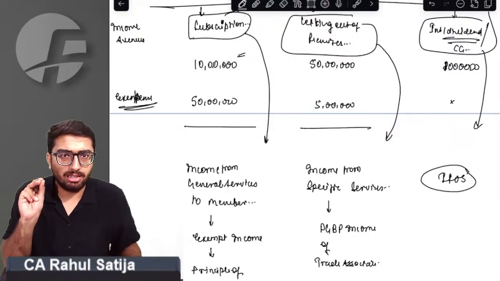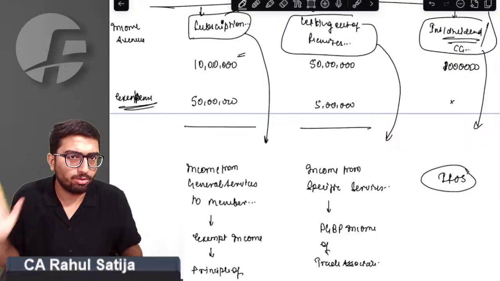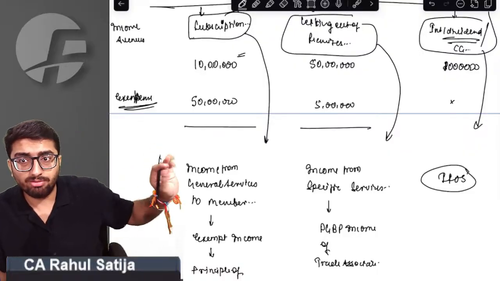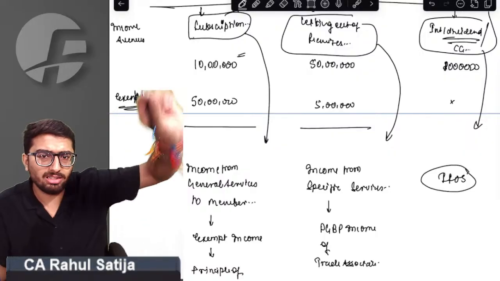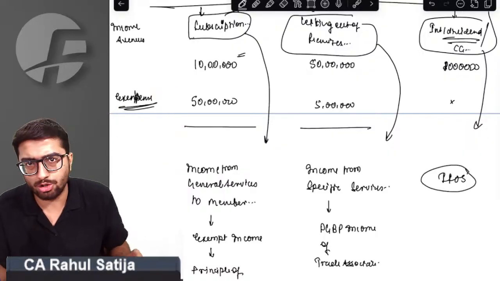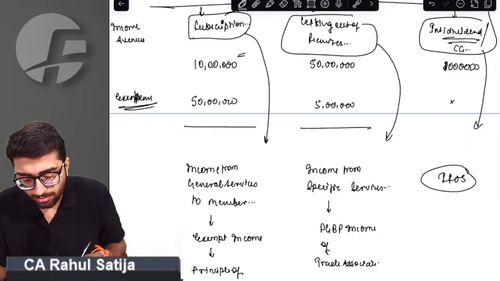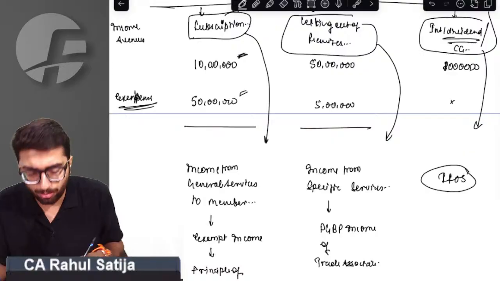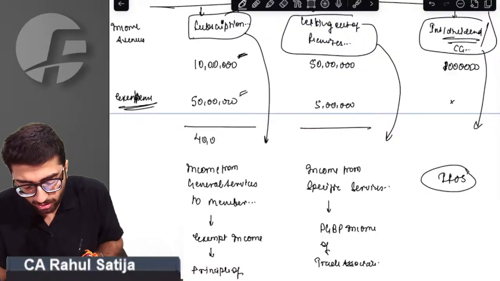I think terminologies and basics are clear. Now, how to compute total income in this case is something beautiful. Just listen for at least 2 minutes, undivided attention. From subscription income, they are having income of 10 lakh rupees and spending 50 lakh rupees. That means for general income, they are having losses.